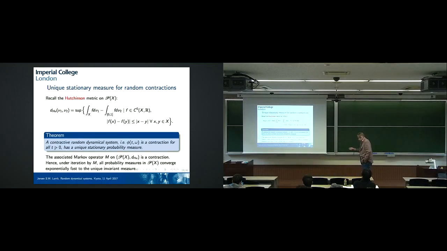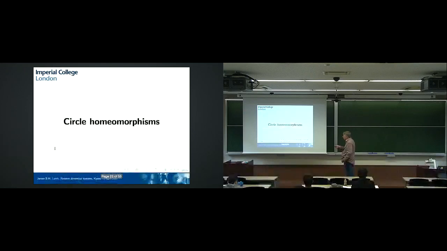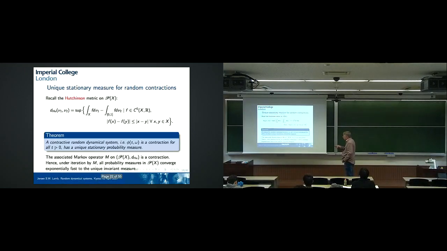Okay, and also with the random composition of contractions, we have of course this result on the uniqueness of the measure using the Hutchinson metric. We saw that a contracting random dynamical system gave a contraction for the Markov operator, so we get a unique stationary probability measure.